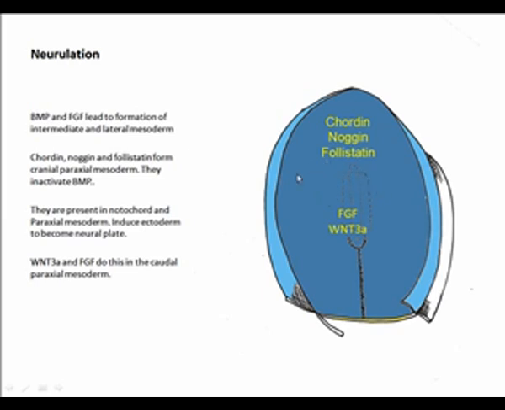And that paraaxial mesoderm is also going to be important, along with the notochord, in inducing the overlying ectoderm to become the neural plate, which is what we see here. So we have chordin, noggin, and follistatin up in the cephalic area where the head will develop, and fibroblast growth factor and WNT3A more caudally, that are going to influence the development of this neural plate.